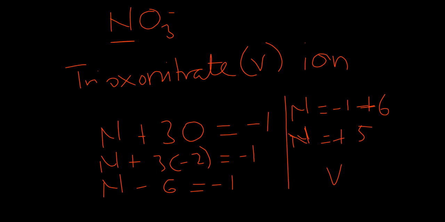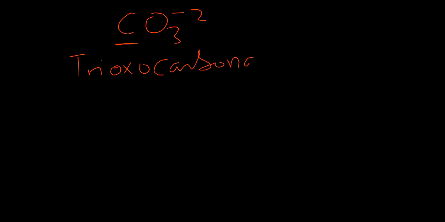Let's try another example. So we have CO3 2-. So it's a trioxo, but there's a carbon here, so it's a carbonate. Then we bring our bracket, then our ion. Let's determine the oxidation number of the carbon. So that will be C plus 3 of the oxygen equals the charge on the ion. That will be -2.